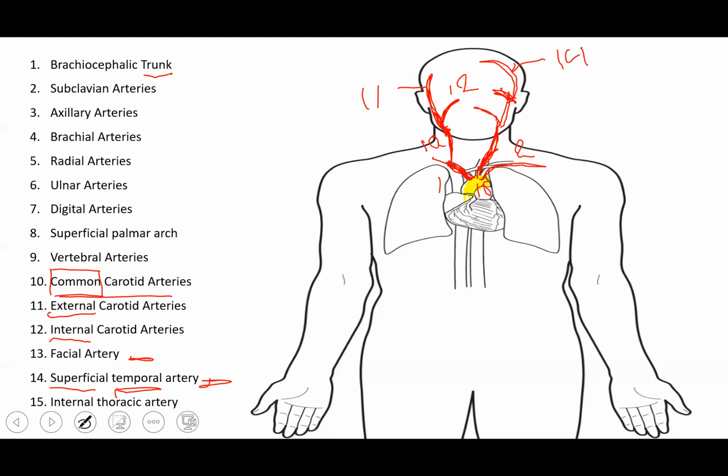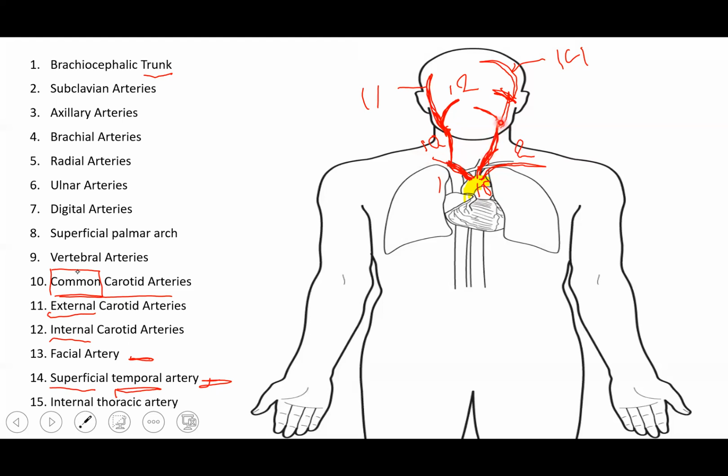But I really want you at this point to be visualizing and looking for these branching events. As soon as vessels branch, they are going to change names. So again, we have the aortic arch here. The brachiocephalic trunk splits or bifurcates here, one vessel, and the second vessel here is the right common carotid artery. This is the left common carotid artery.